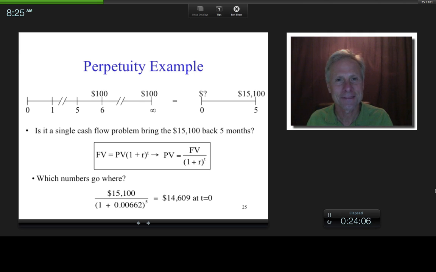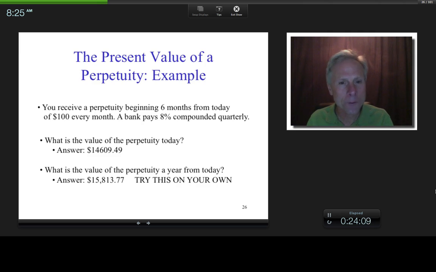They are, right? So if we go back to the problem, okay, here's the problem. We've just calculated the perpetuity today. And what I want you to do now is, the question is, well, what is it worth a year from today? Okay, there's the answer. I want you to try that on your own. I mean, is it a single cash flow formula at this point? It is, right?